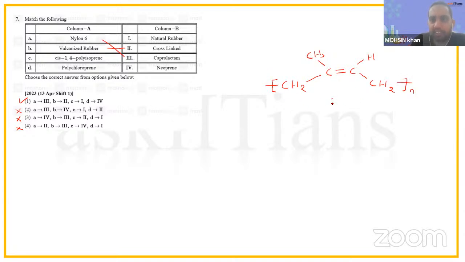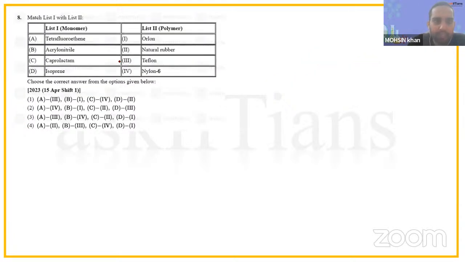So this is the cis configuration, and we have used here 2-methyl-1,3-butadiene. That is the monomeric unit of natural rubber. So C will match with the first. Polychloroprene is known as neoprene only. In the last question, we discussed that polychloroprene is neoprene, synthetic rubber. So the answer will be A.